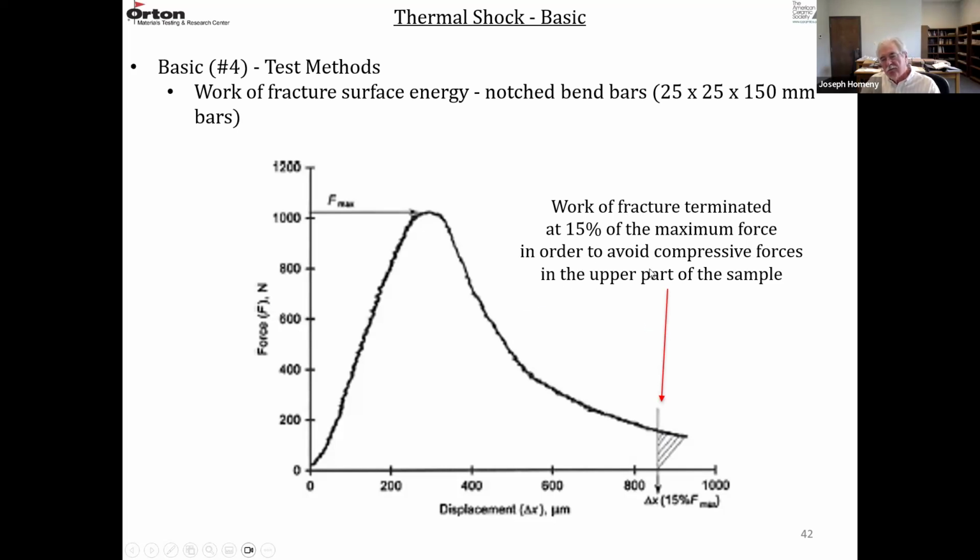And they said they were avoiding compressive forces in the upper part of the bend bar sample. I usually like to run these all the way out. The displacement is usually pretty large, and the crack mouth opening displacement is pretty large. So I'm not sure how much compressive stress is actually in the upper portion of the sample because of the large amount of crack opening, but they did stop them at 15%.